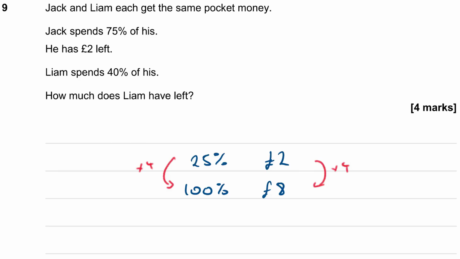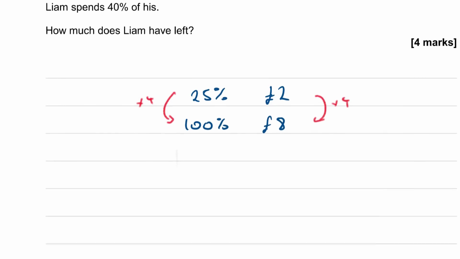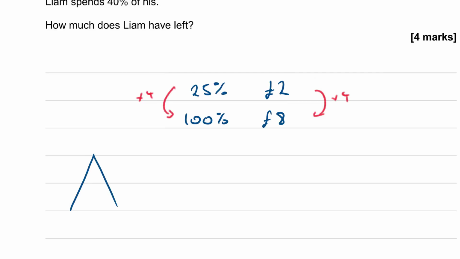Now we know that Liam has the same amount of pocket money, so he must also have £8. So if he spends 40%, then he's got 60% of his pocket money left. So what we need to do is to find what 60% of 8 is. So using our triangle, final, original, multiplier.